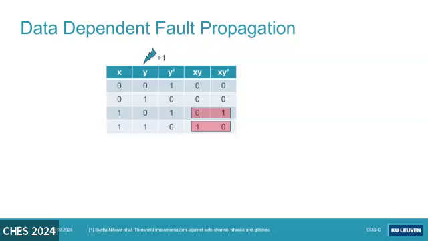What we see here is the output only changes for half of the input combinations. When we go back to X, we see that the output changes only when X is 1. So the fault is ineffective if the input X is 0, and effective if the input X is 1. Then the attacker is going to know that X is 1 if the output is wrong.